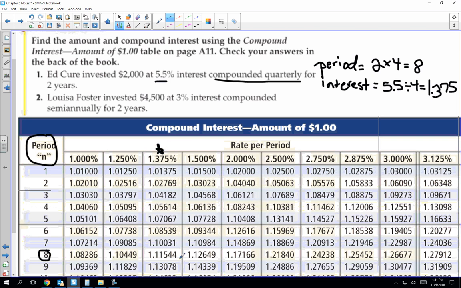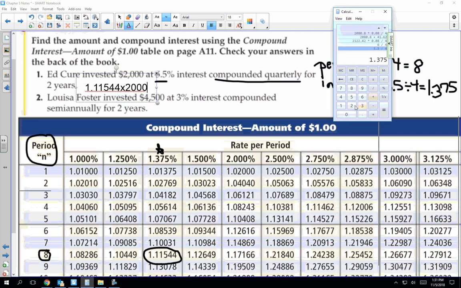So we're going to take our amount from our table. That's 1.11544. And we're going to multiply it by how much we have in our account, or how much our principal was. So we had not $1, but we had $2,000.